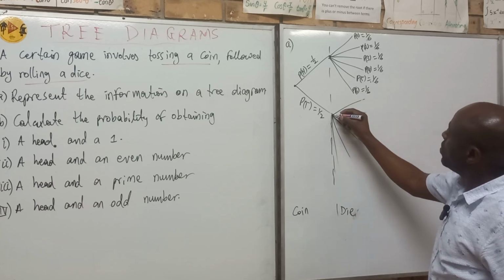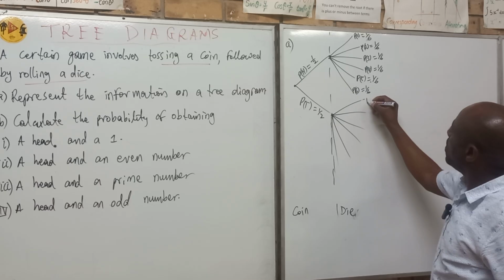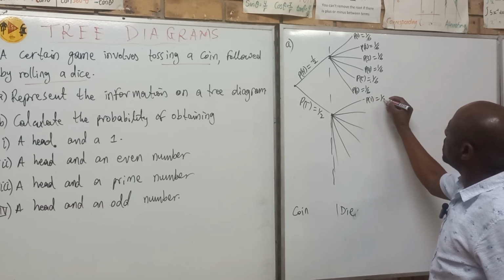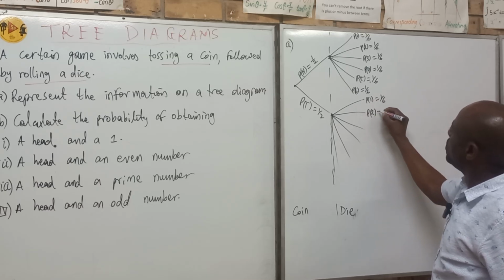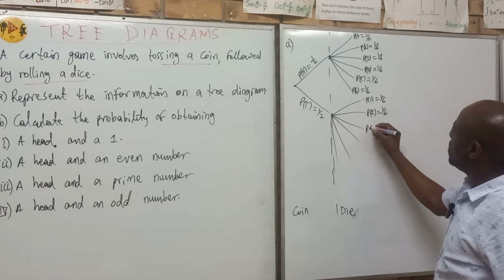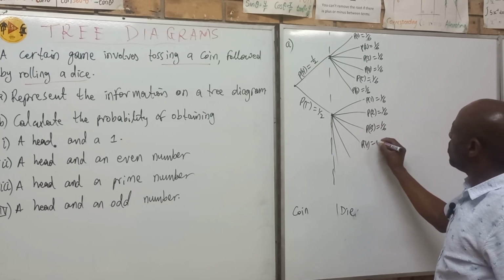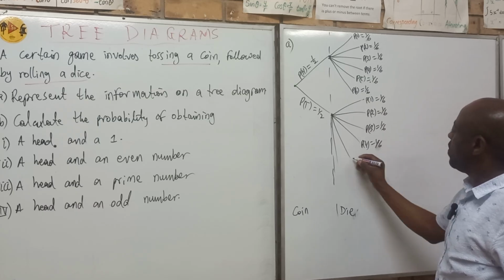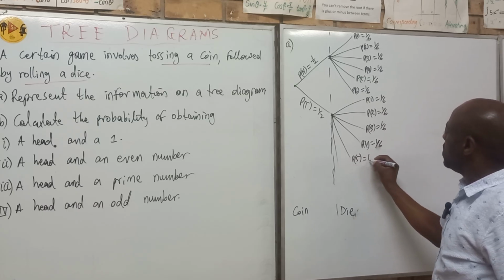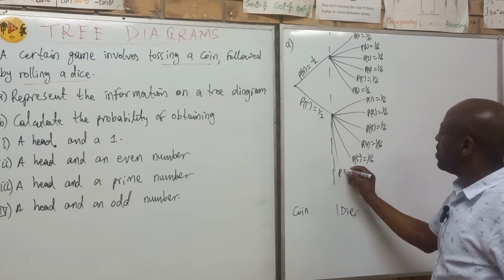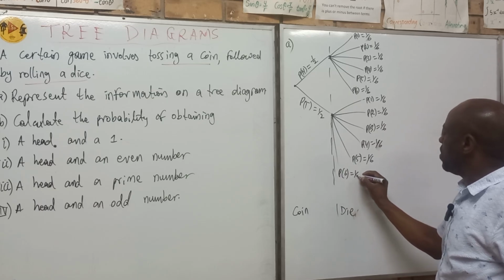Then we'll go to this other point. We'll get the probability of the 1 is 1 over 6, the 2 is 1 over 6, the 3 will be 1 over 6, the 4 will be 1 over 6, not 1 over 4, the 5 is 1 over 6, and finally the probability of the 6 is also 1 over 6.